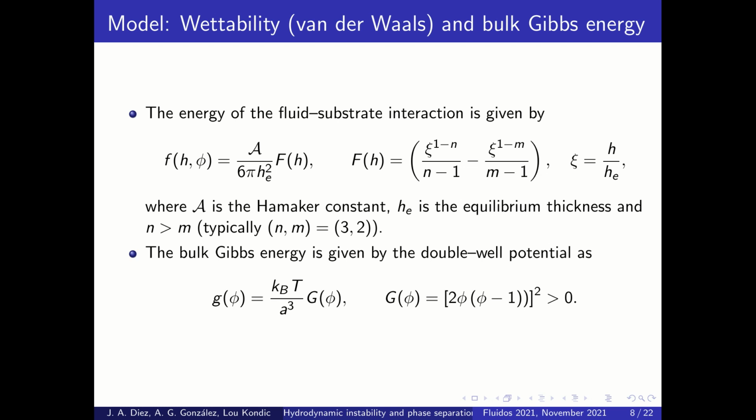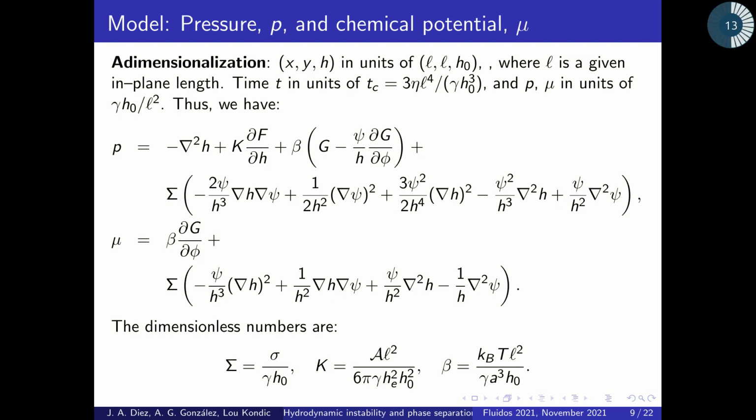And the Gibbs energy in this case is described by a double-well potential as a function of the concentration of one of the metals. In this case, phi refers to the concentration of the silver. And this is because we have to use this quadratic form because we don't have a small concentration, but a concentration of the order of 0.5.